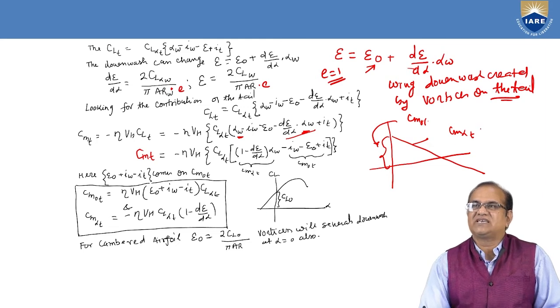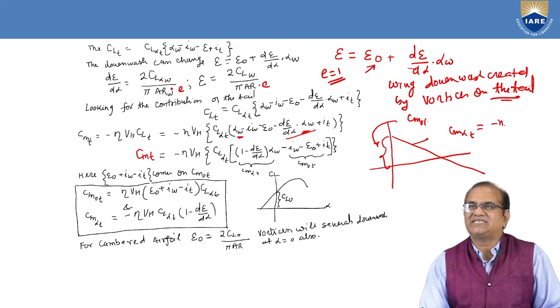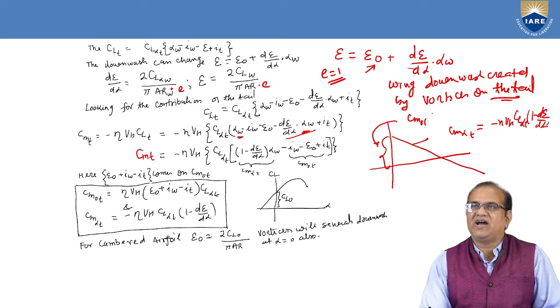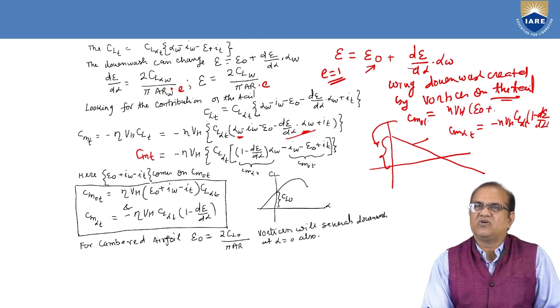So this is your minus eta VH CL alpha T 1 minus d epsilon by d alpha, and this Cm naught is equal to eta VH epsilon 0 plus IW minus IT.